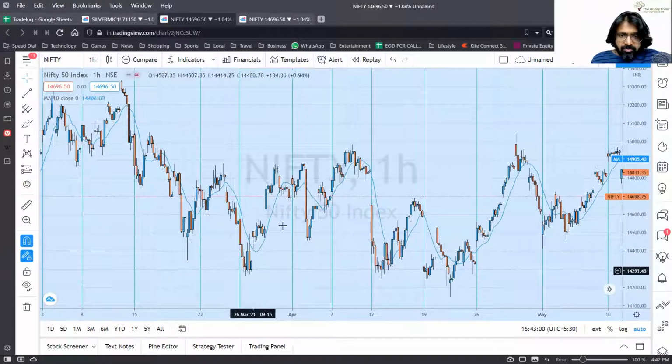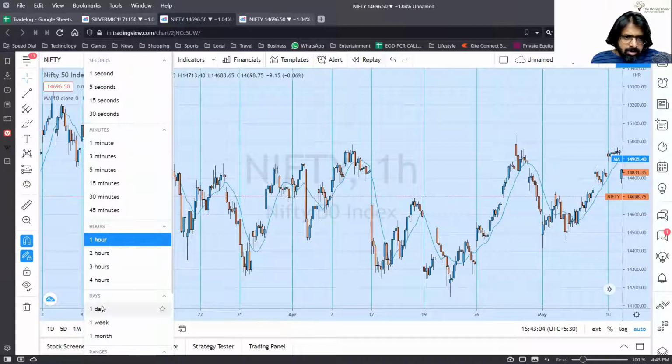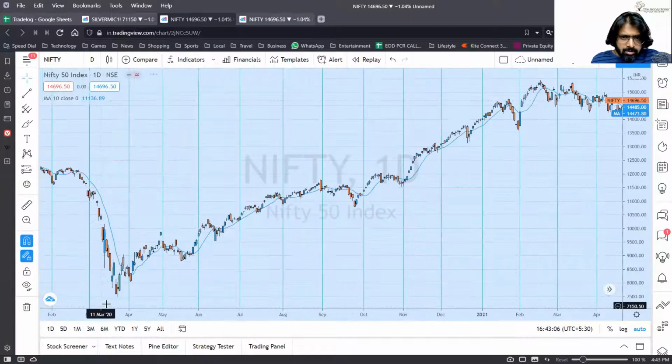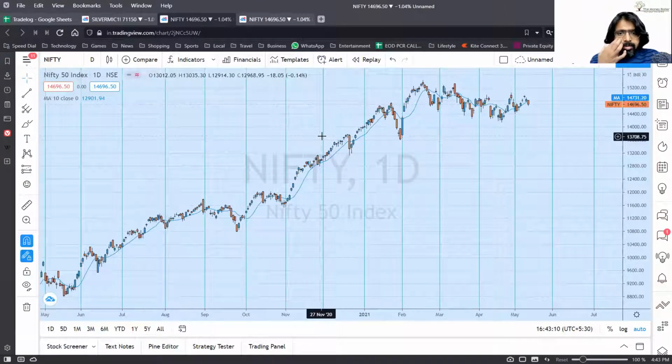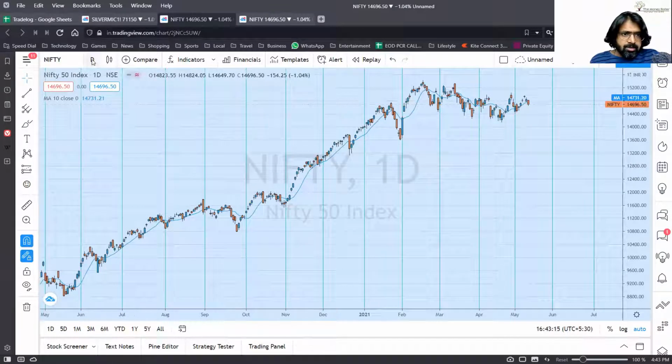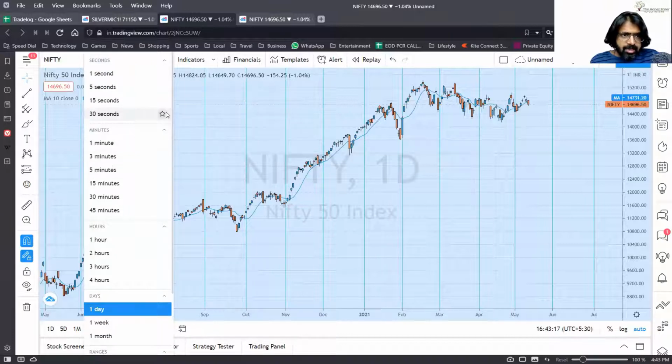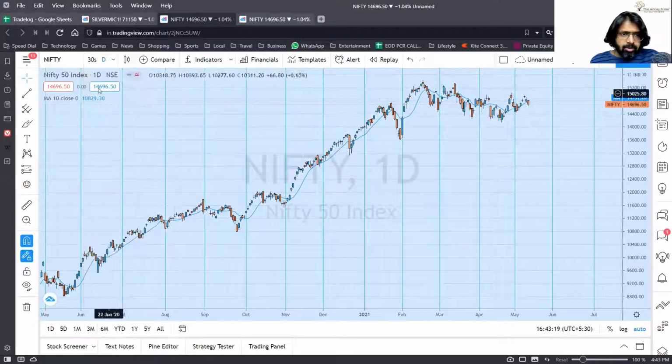This is a Nifty 50 daily chart. Sorry, let me make it a daily chart. There we go. Okay, this is our daily chart with a 10 period simple moving average. Now let us decide which averages to put here.